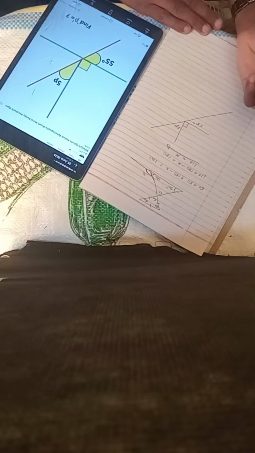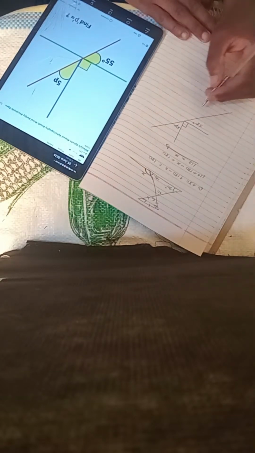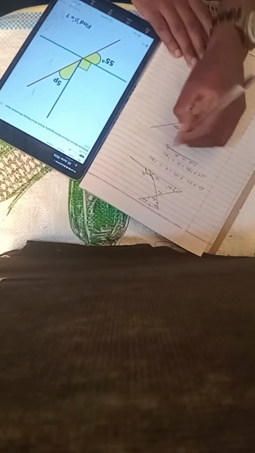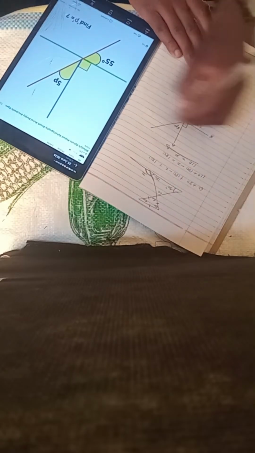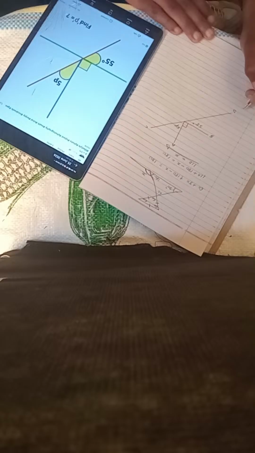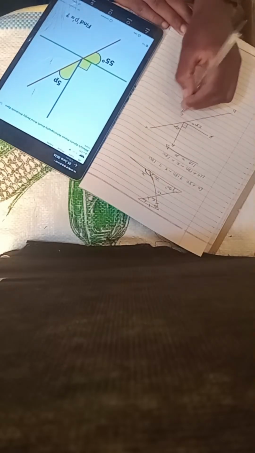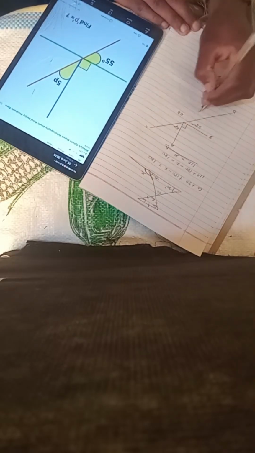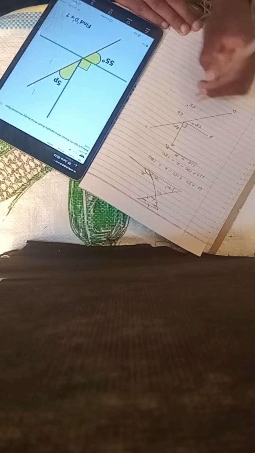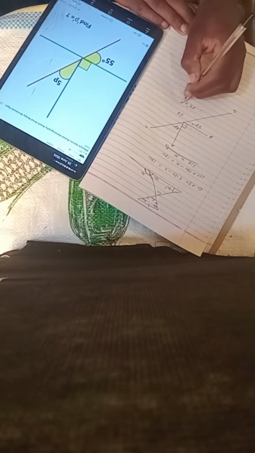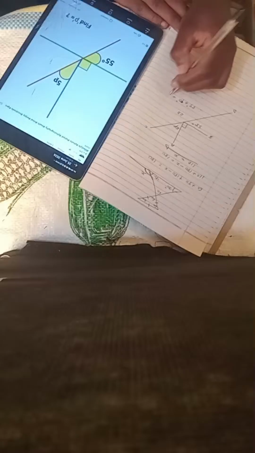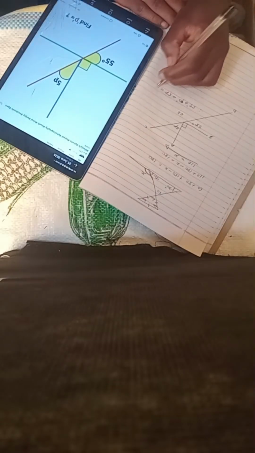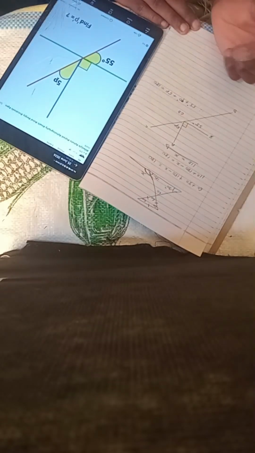Assuming this is a straight line, let's just say this is A, this is B, this is C, this is D. Assuming CD is a straight line, therefore 55 degrees plus 90 degrees plus 5p should be 180.